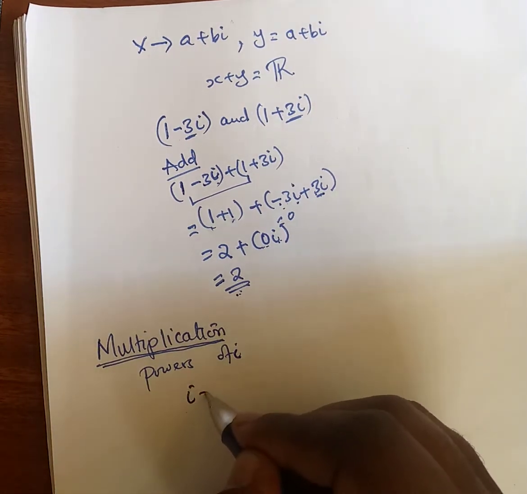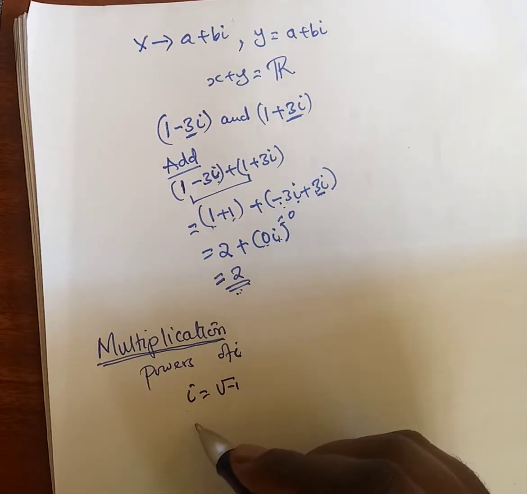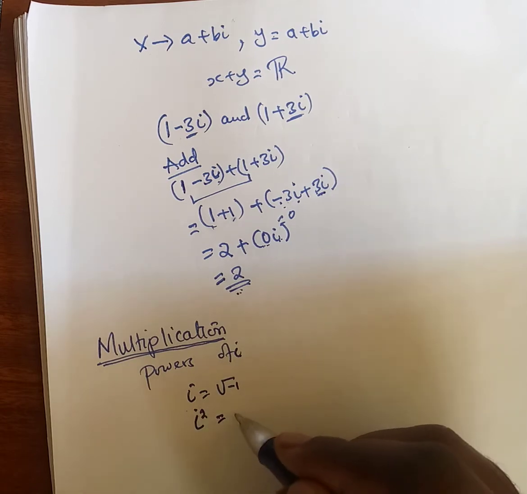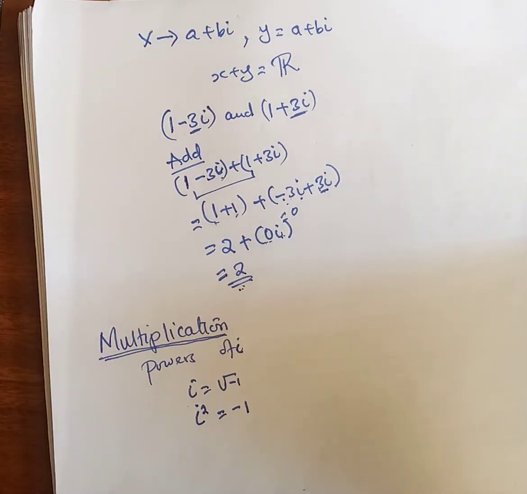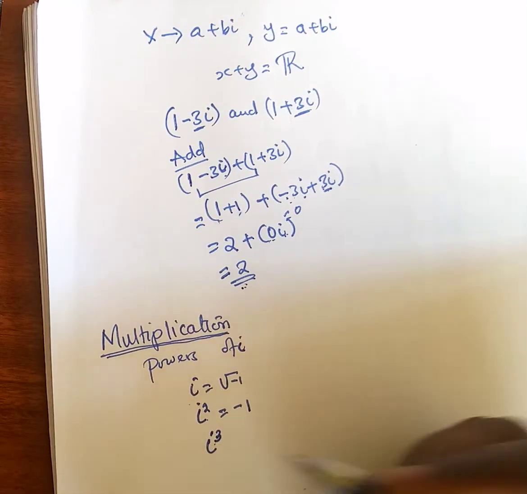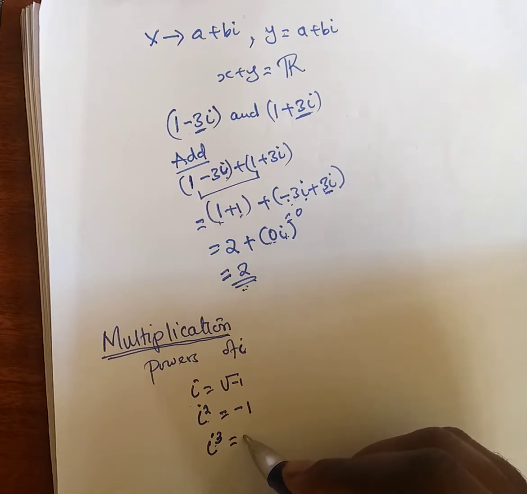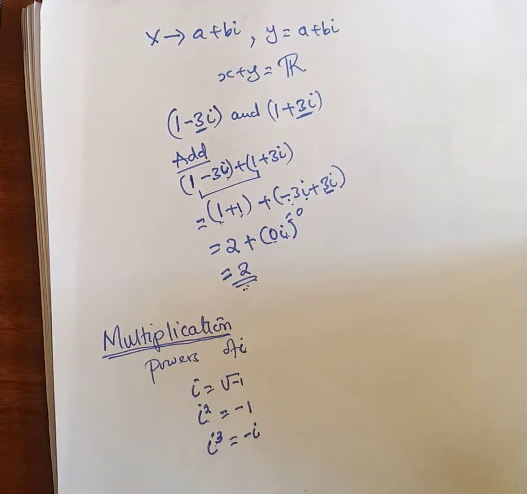Remember we said i equals root negative 1, and therefore when you multiply i and i, you get i squared, which is negative 1. So you can also multiply negative 1 with another i, or i squared with another i. You get i cubed, and i cubed is negative i.